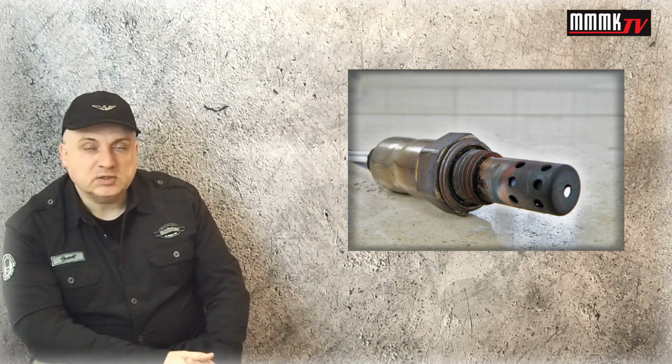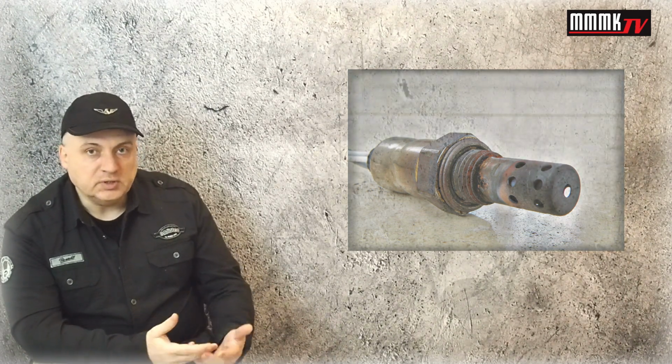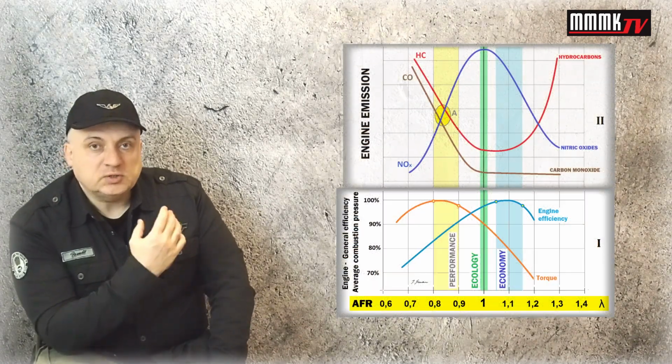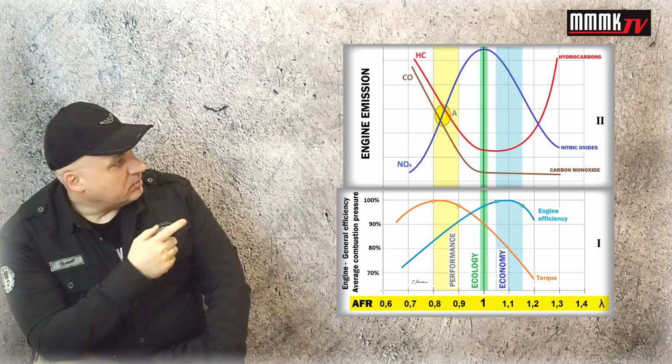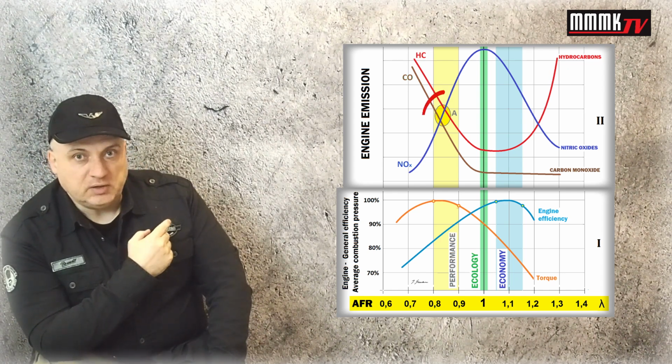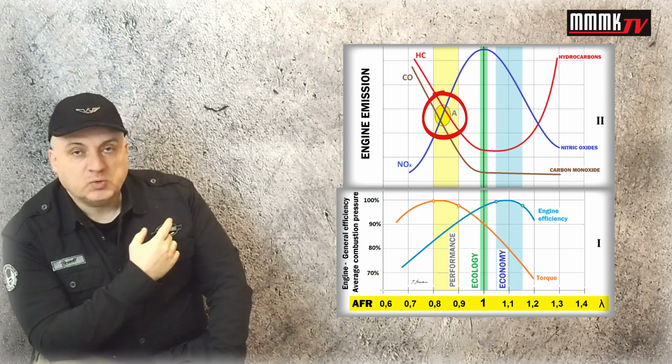If there is no catalyst, there is no point in building an injection system working in closed loop with an oxygen sensor. So my next question was, is it really adjusted in such an instance to the area marked here with letter A for lambda 0.8-0.9?